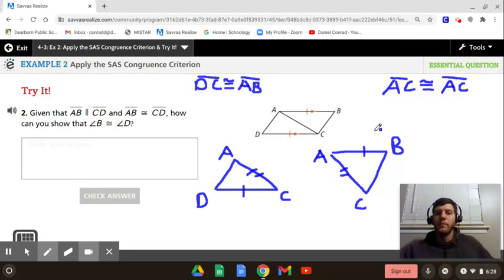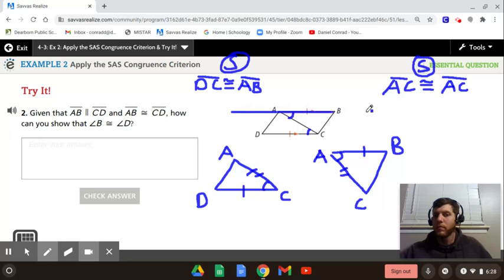Okay. So we want to use side angle side. Right now we have two pairs of sides, which means we're going to need the included angles here. So we're going to need angle A from this triangle and angle C from this triangle to be congruent. That's these two angles here. And they are going to be congruent. That's going to be the alternate interior angle theorem, right? Our lines here are parallel.